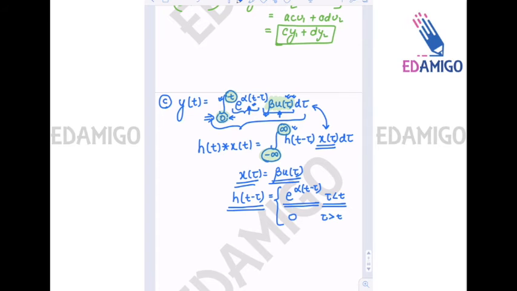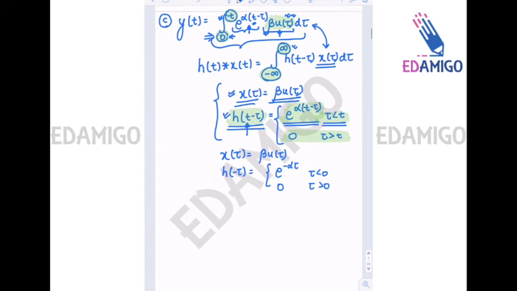Now since the variable is tau in both the equations, if we put t equal to 0, because t is a constant in this equation, we can say that x(tau) is equal to beta u(tau), and h(minus tau) is equal to e to the power minus alpha tau for tau less than 0, and 0 for tau greater than 0.